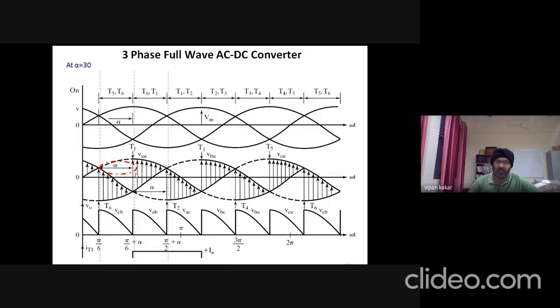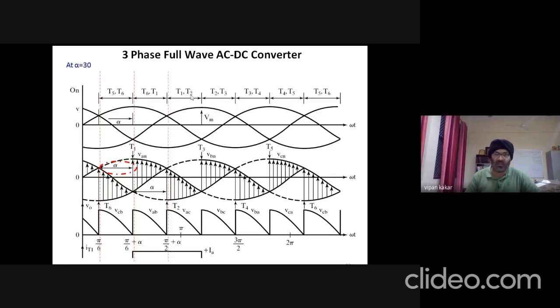So this will be received at the output, not the complete path, because due to angle alpha, some part of the voltage pulses will be clipped, as we saw in the full wave rectifier and half wave rectifier, because thyristor T1 is not conducting till alpha. And in this case, it is pi by 6 plus alpha. And again at pi by 2 plus alpha, which is 60 degrees of interval plus alpha, the next thyristor is triggered, which is T2.